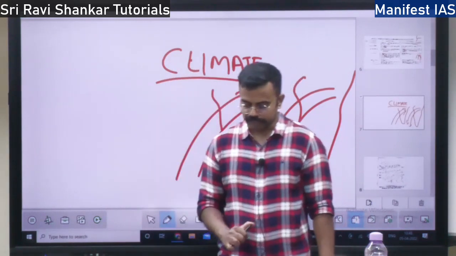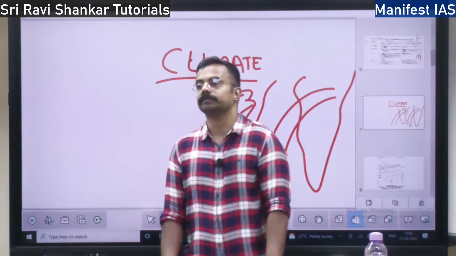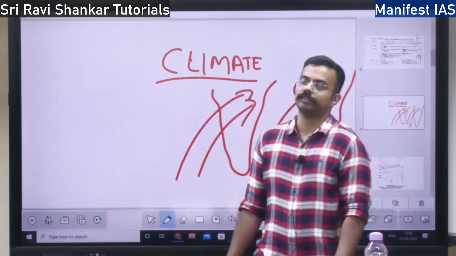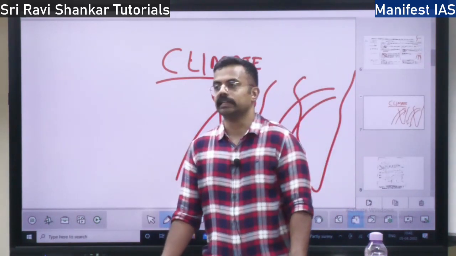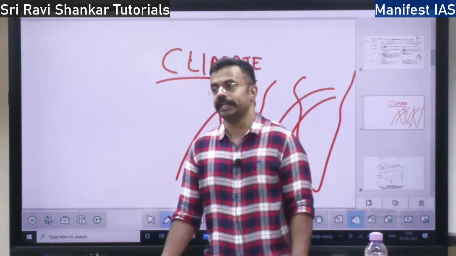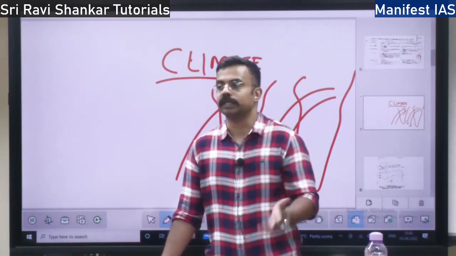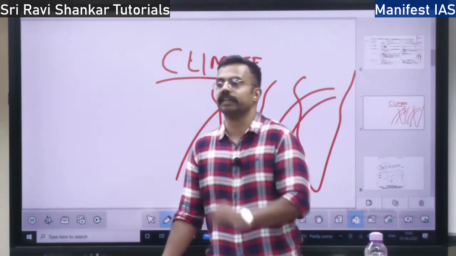Not only regional variation, you have seasonal variations as well. What is seasonal variation? Take the climate of Delhi. In winter, it goes to near minus degrees. In summer, it goes up to 45 degrees, right? The same is true of Punjab and Haryana. So seasonally, the temperature varies.